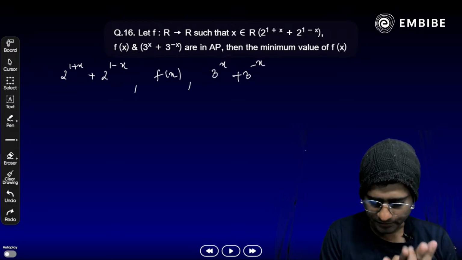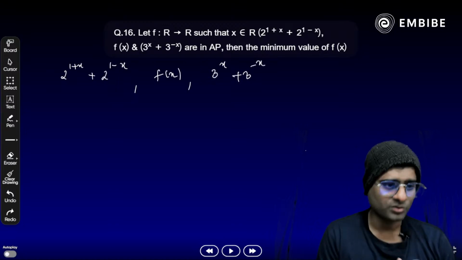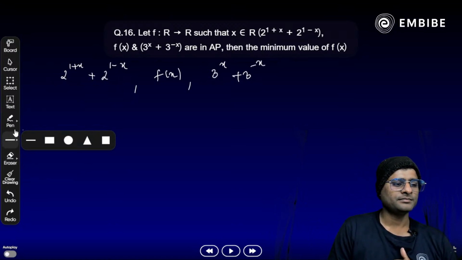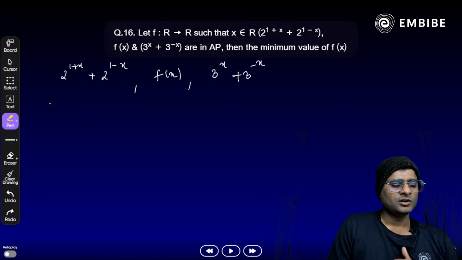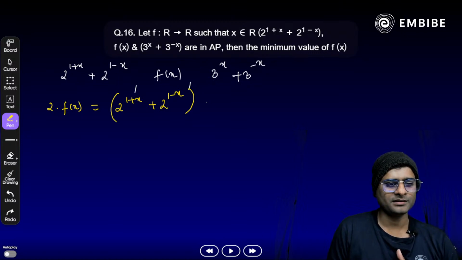If we have 3 terms in an AP, then obviously double of the middle term: 2 times f(x) is equal to 2 raised to power 1 plus x plus 2 raised to power 1 minus x, added to 3 raised to power x plus 3 raised to power minus x.